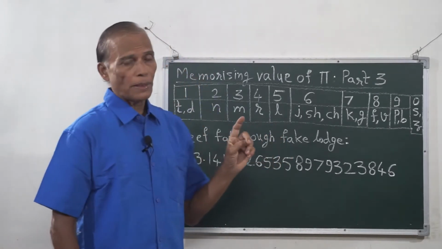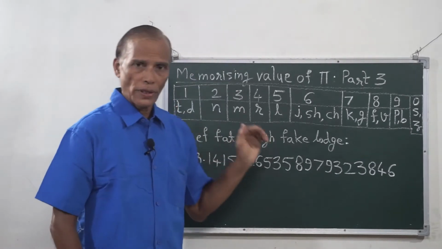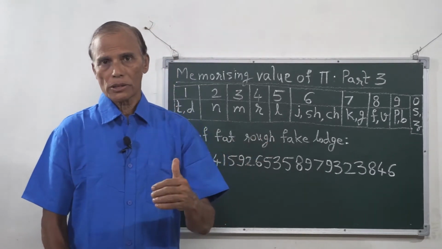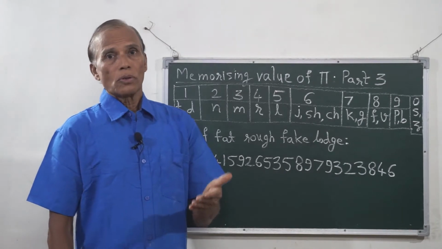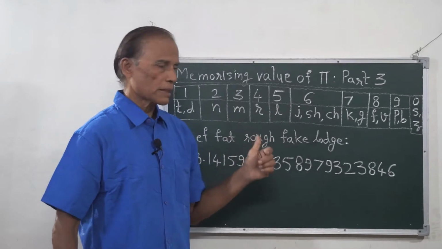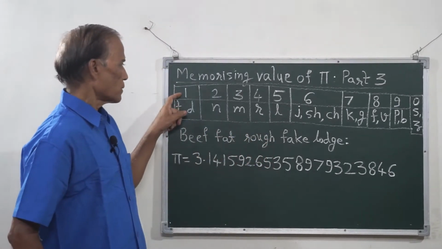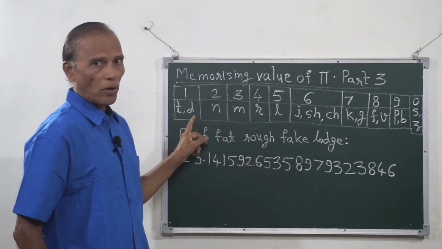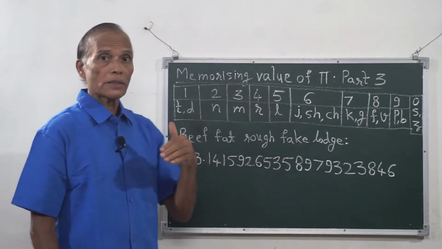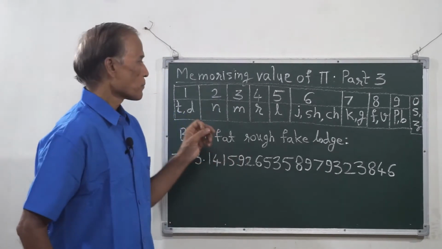In the second part, we have seen the phonetic code where letters are used for the digits. Let us revise in short. For 1, we use T or D. Actually, it is the sound of those letters which is used.